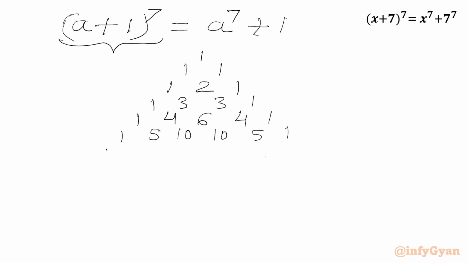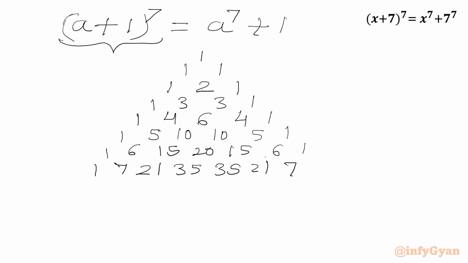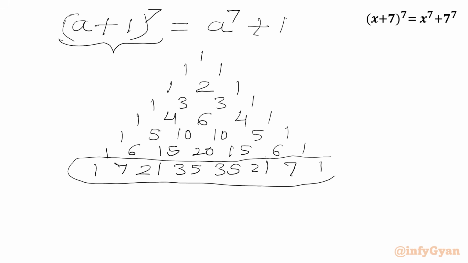For power 6, 1 6 15 20 15 6 1. And for the required power 7, 1 7 21 35 35 21 7 1. So here we have the expansion coefficients for (a plus 1) whole power 7.